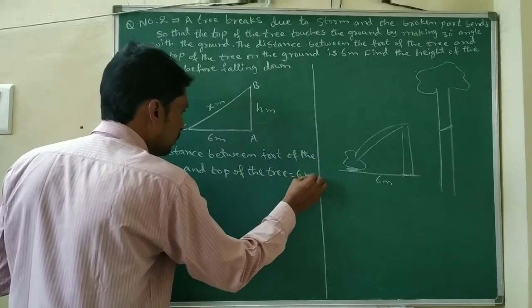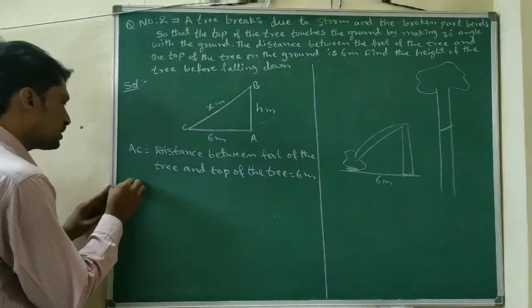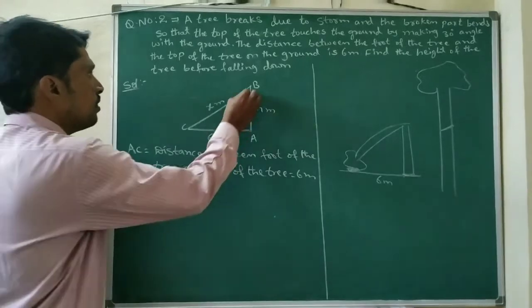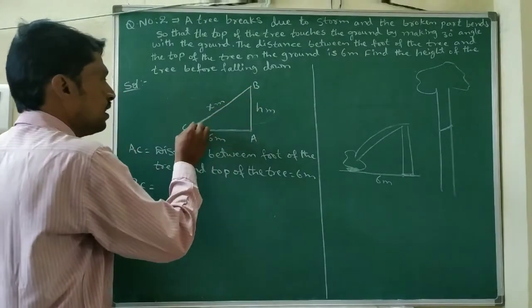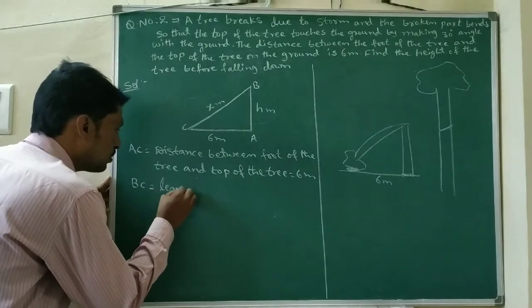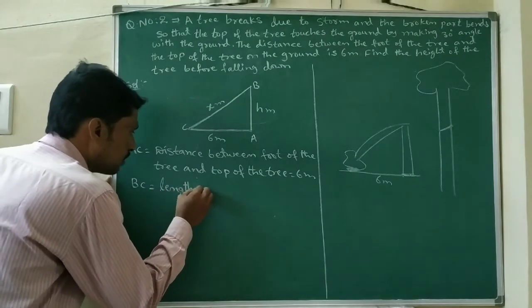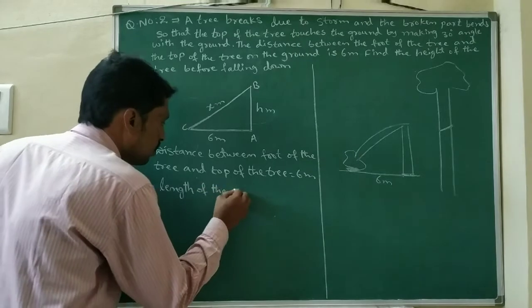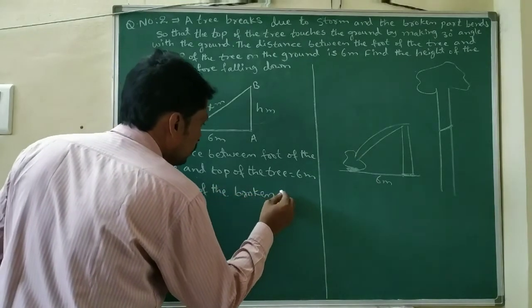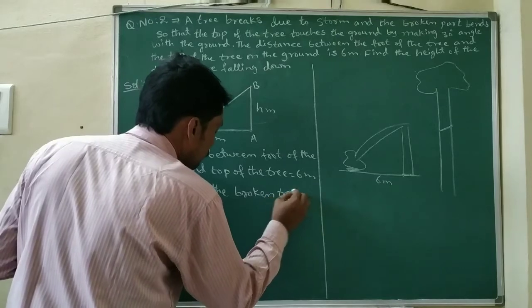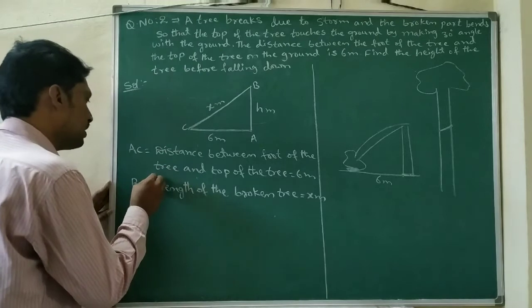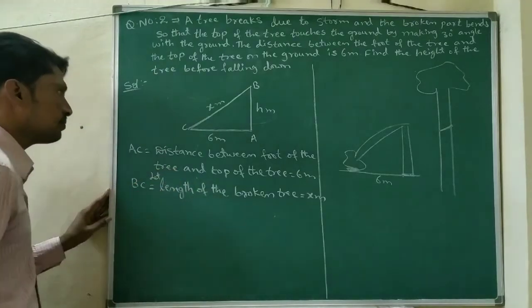That equals 6 meters. Next I am taking BC. What is BC? That is the broken part, the length of the broken part. So BC equals the length of the broken tree, we are taking X meters.